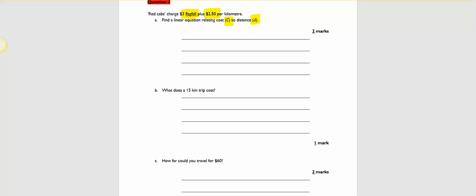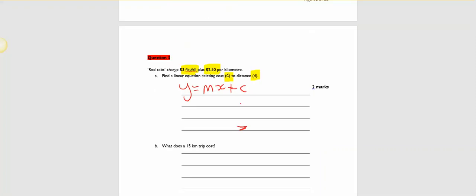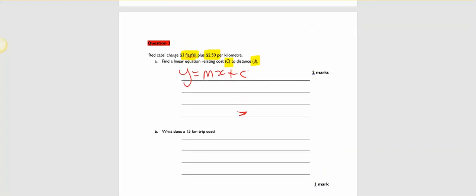another $2.50 per kilometre. So the 3 is going to be a constant, and if we think about y equals mx plus c, then the c part is going to be our constant because there's nothing that's going to change that. It's not times by anything. If we think about the per kilometre, $2.50, well, if x is the kilometres, it'll be $2.50 times the kilometres, which will work out how much it's going to cost overall.